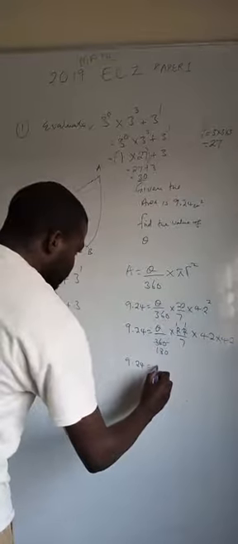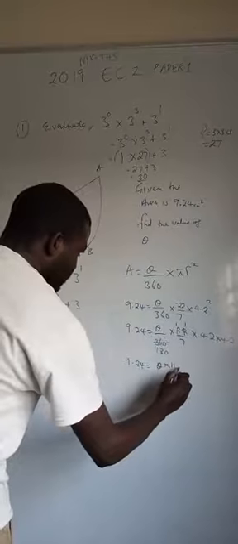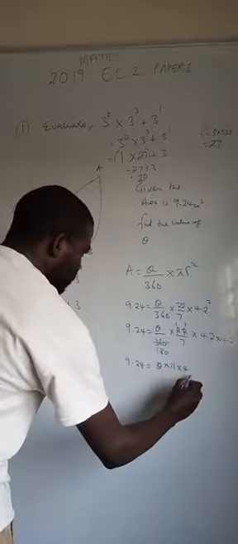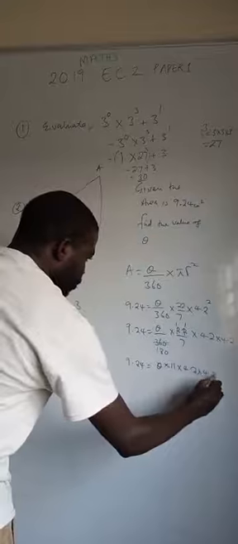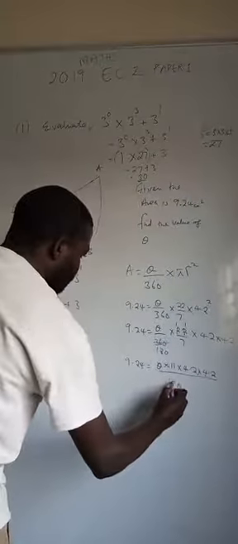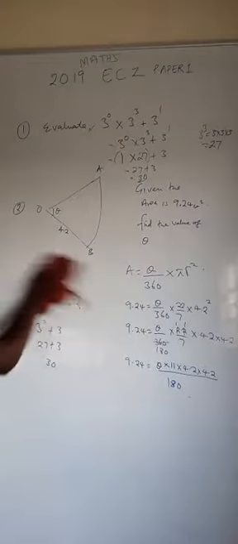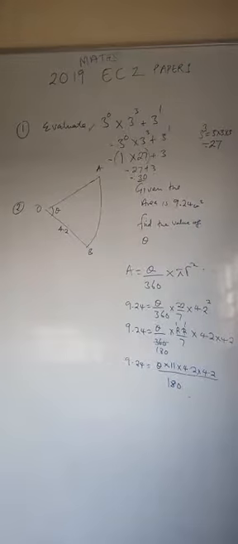11 is equal to theta times 11 times 4.2 times 4.2, okay, divided by 180. Okay, so we are continuing with this solving. So this is it. So how do you solve that now? How do you solve that?